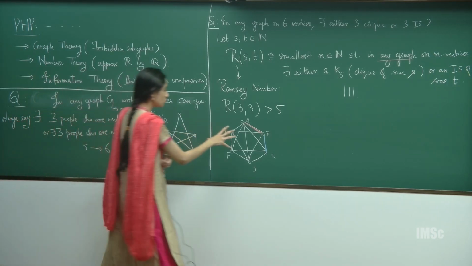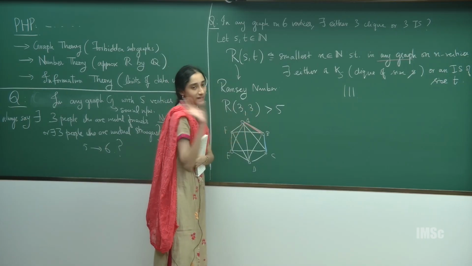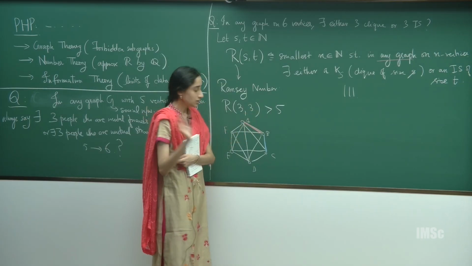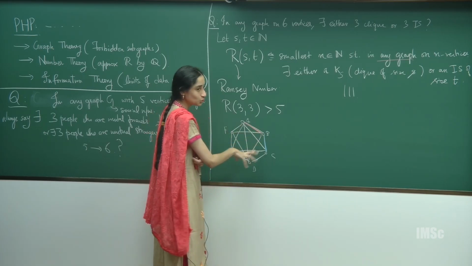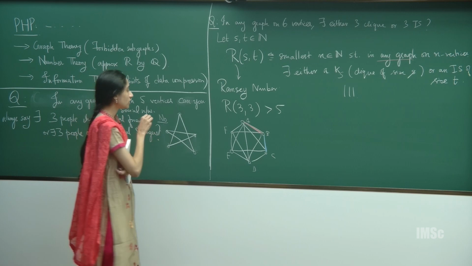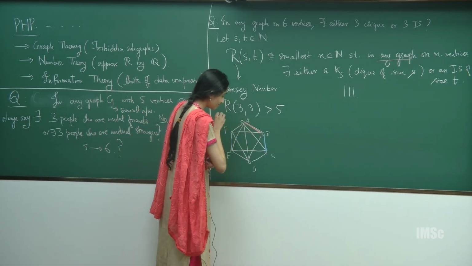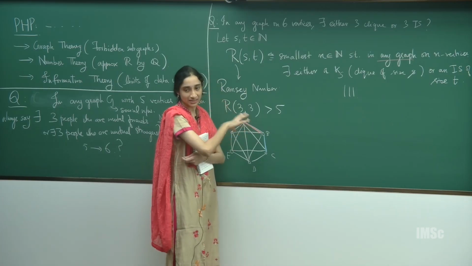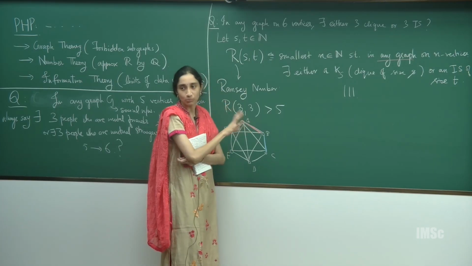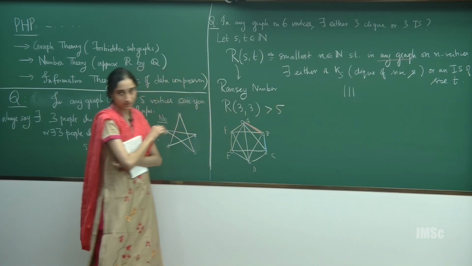Now what this graph is doing is, once you color the edges, it's telling you whether 2 people are friends or not. So what you are trying to do is 2-edge color the complete graph, and you are trying to look for either a red triangle or a blue triangle in 3, otherwise a red clique of size s or a blue clique of size t.